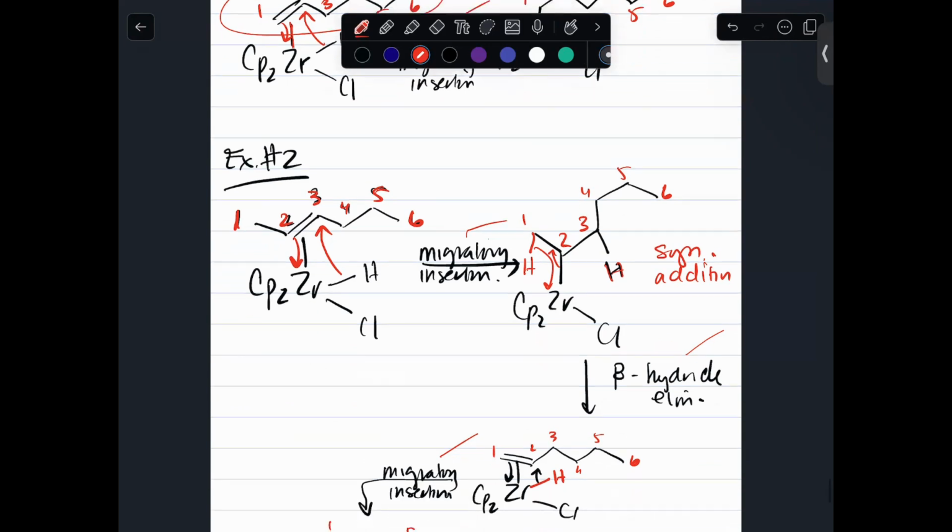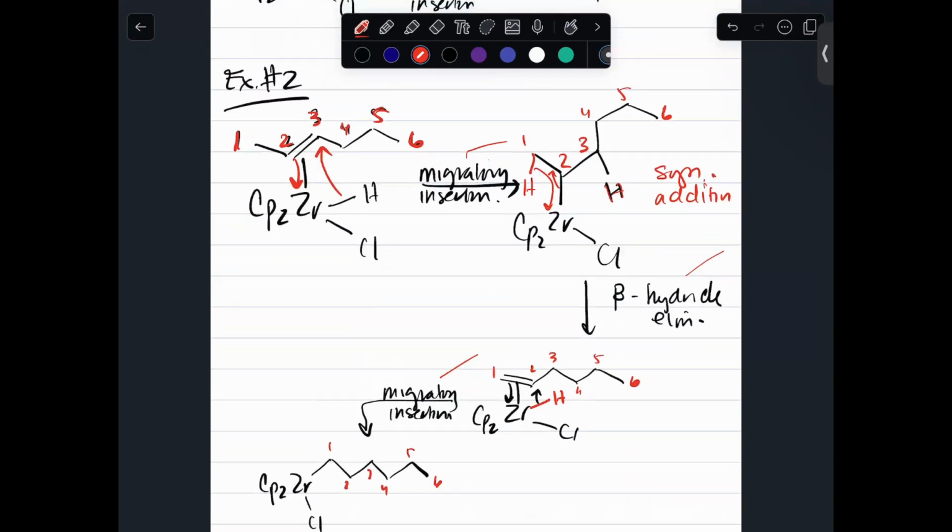But remember, anytime you do the migratory insertion, the substituent adds syn, and for the beta hydride elimination, the hydrogen has to be syn to the metal.